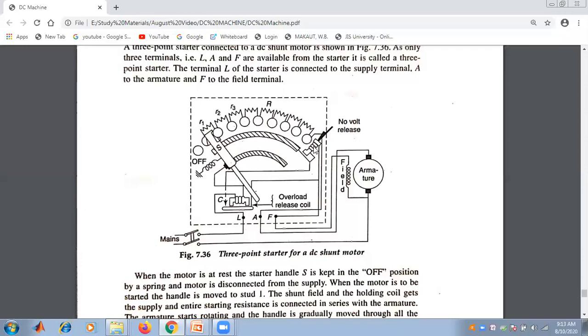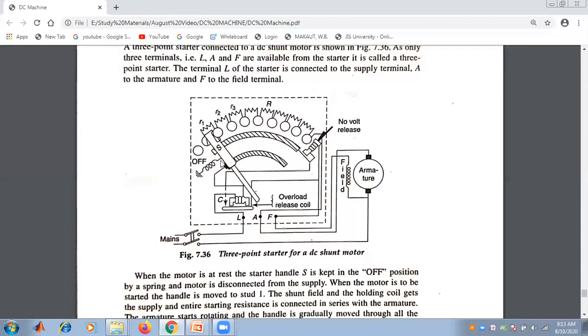In case of a power failure, the holding coil gets de-energized and cannot hold the handle, which comes back to its off position by spring action, as is clearly seen here.